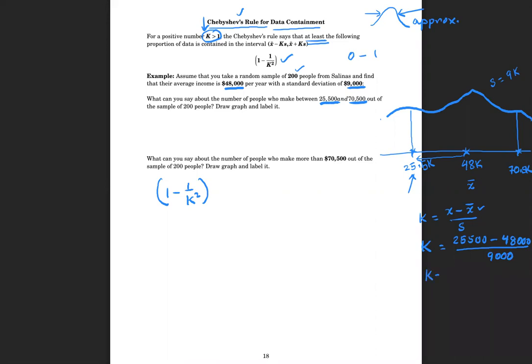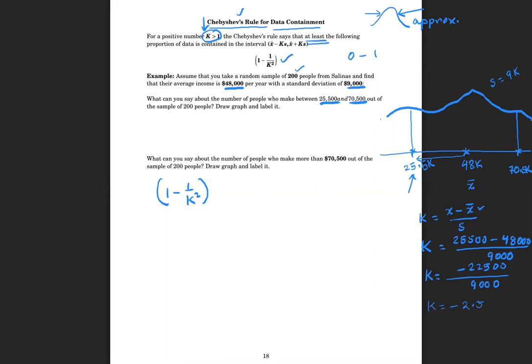That is negative 22,500 divided by 9,000, which gives k equal to negative 2.5.